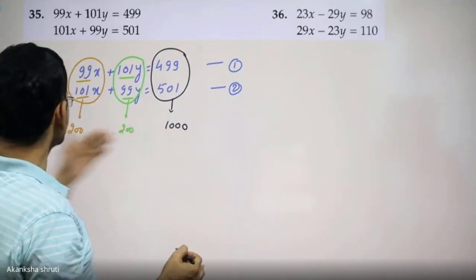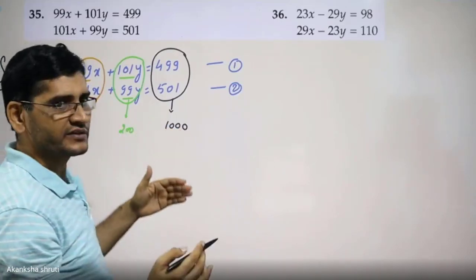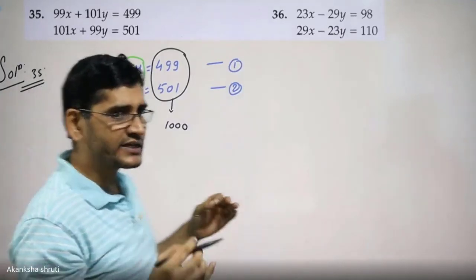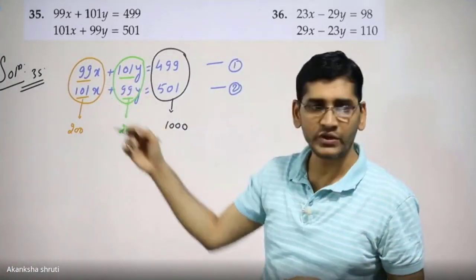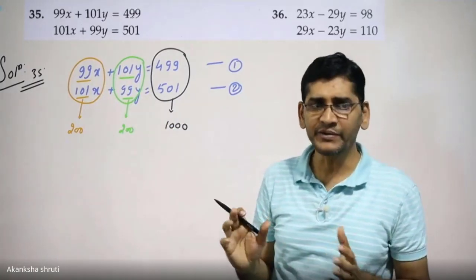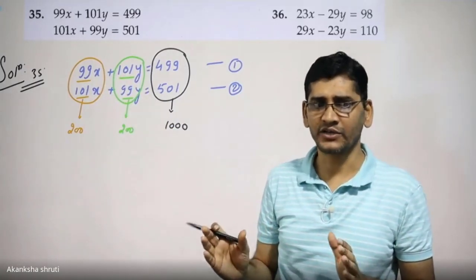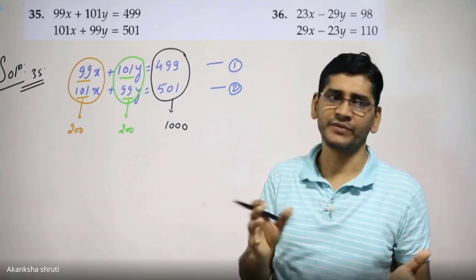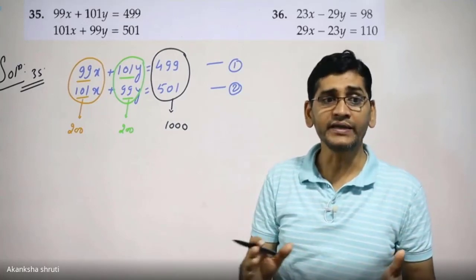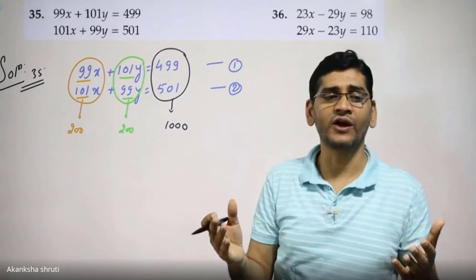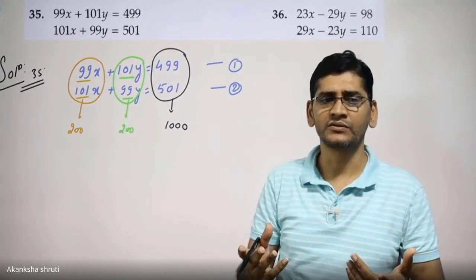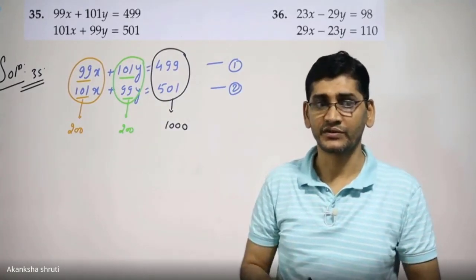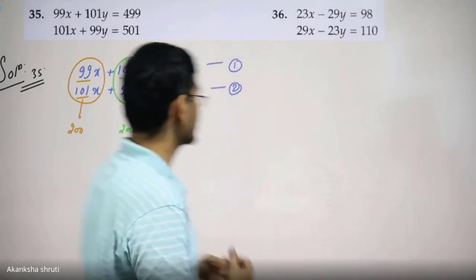This 1000 is easily divisible by this coefficient. So the calculation becomes simpler if we first add these two equations. Next, we will try if subtraction also gives a simpler equation, we may subtract, or even if that subtraction does not give us a simpler equation, then no need to do that. Go for substitution. That is the only trick. So understand this.